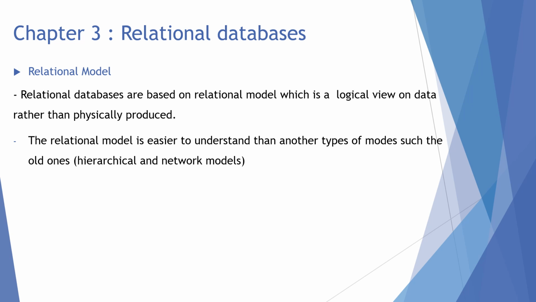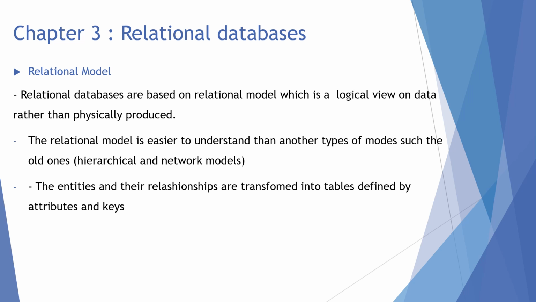The relational model is easier to understand than other types of models, such as the old ones, like hierarchical and network models. The entities and their relationships in this model are transformed into tables defined by attributes and keys.